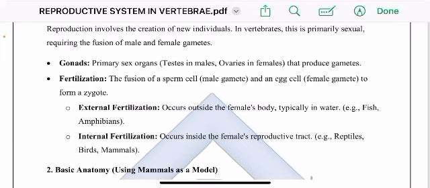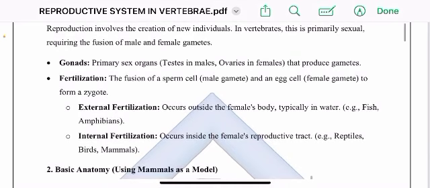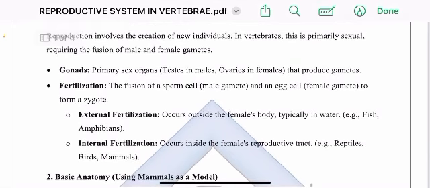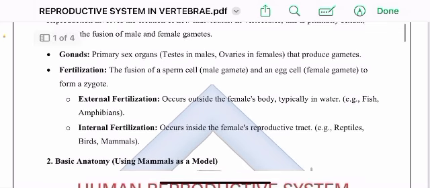Another terminology we also need to take note of is fertilization, because as soon as the fusion of the male and the female gametes occurs, there's what they call fertilization. This fertilization involves the fusion of the sperm cell, which is produced by the male gamete, and the egg cell, which is produced by the female gamete, to form a zygote.